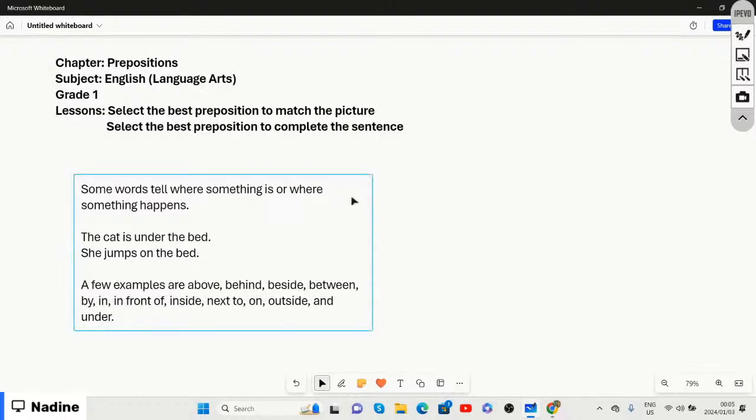So prepositions are words that tell us where something happens, right? That is why we say they are words that tell us where something is or where something happens.